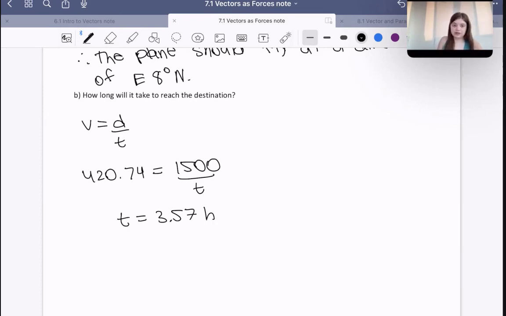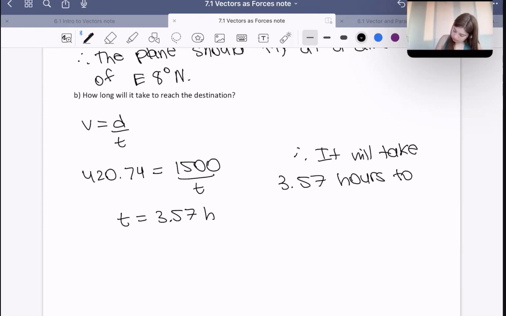And therefore, it will take 3.57 hours to reach the destination. And there we have it.